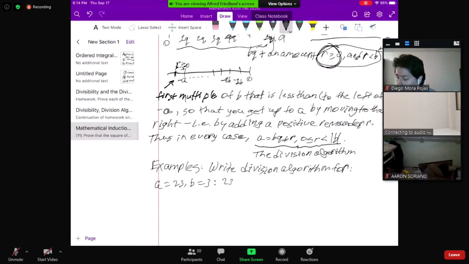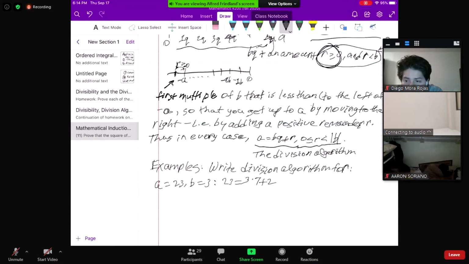So we have that 23 can be written as, let me write it so it's in the form B since I'm dividing by B. Let me put the B first, which is 3. So it's 3 times 7 plus 2.